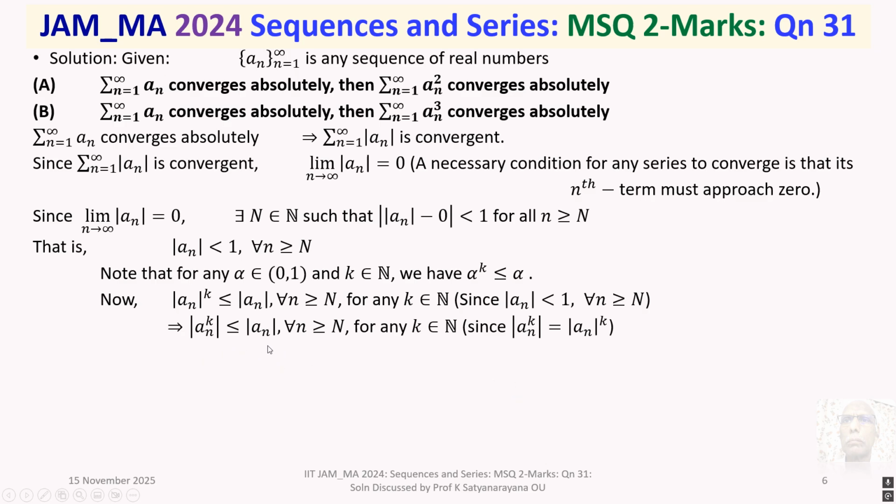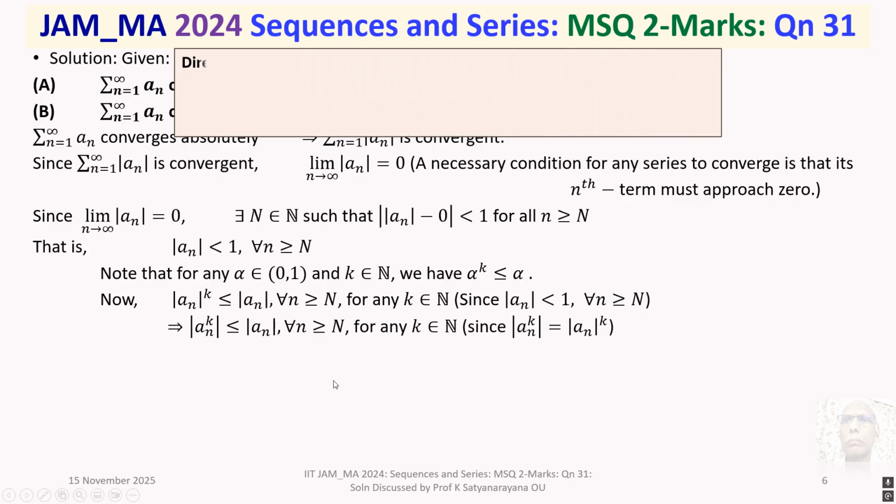Now we use the direct comparison test. Since sigma mod an is convergent, sigma mod an to the power of k, that series is also convergent. So we recall the direct comparison test.